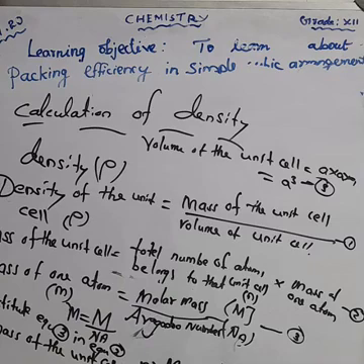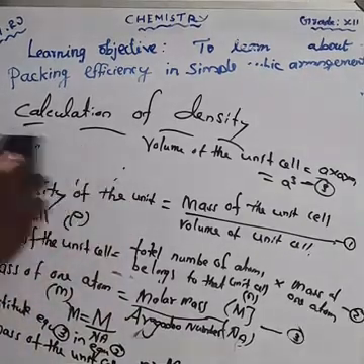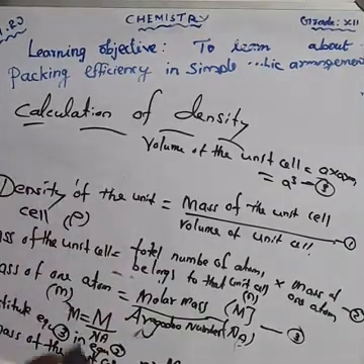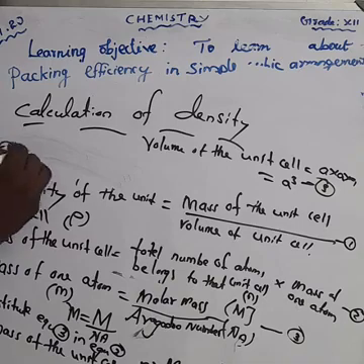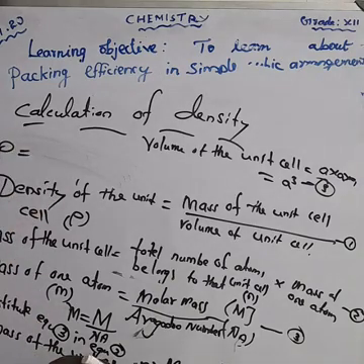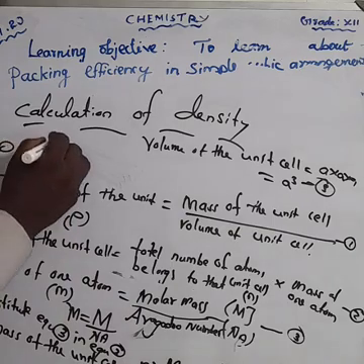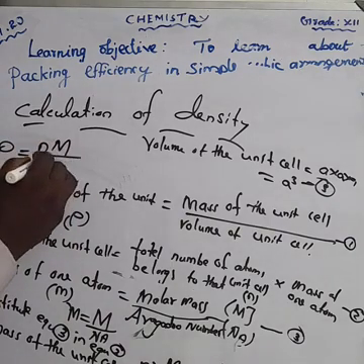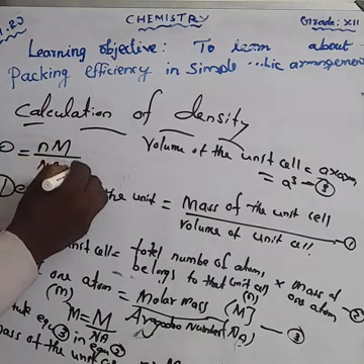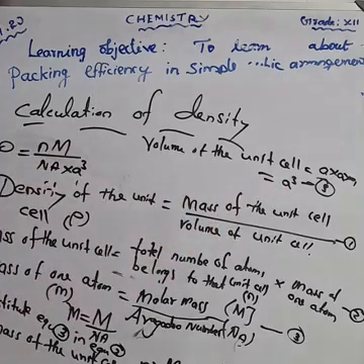So the density of the unit cell, rho, can be written as rho is equal to n into M divided by Na into a cube.